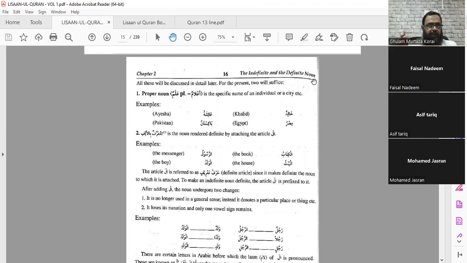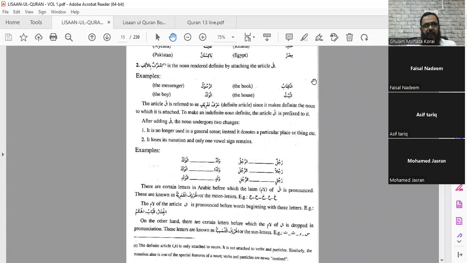Now al-bayt is a particular home, al-kitabu a particular book, ar-rasulu a particular rasul. Waladun means a boy; al-waladu is a particular boy. So these are the examples.